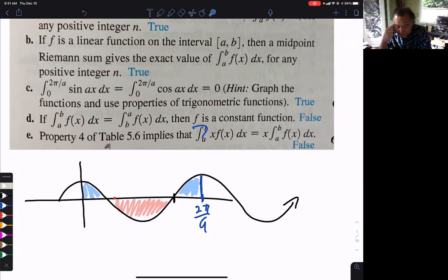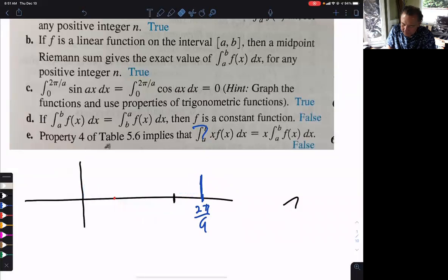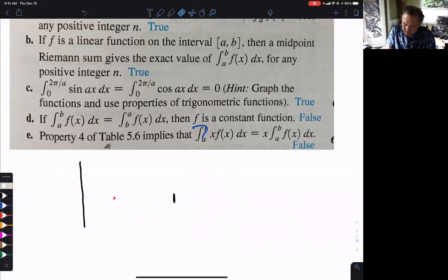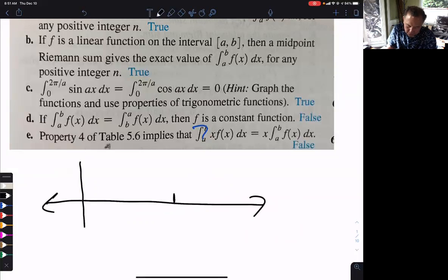Integral from a to b is equal to integral from b to a, then f is a constant function. I'll show you why that's false. I got to give you a counterexample, don't I? Counterexample. So they're saying if you have a constant function, could be positive or negative, I'll just make it that.